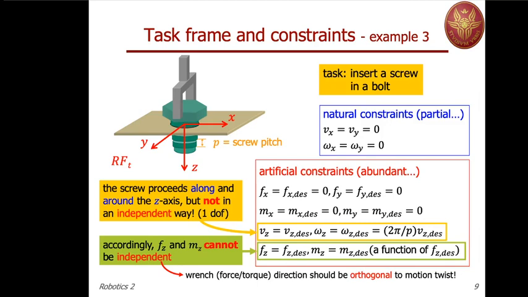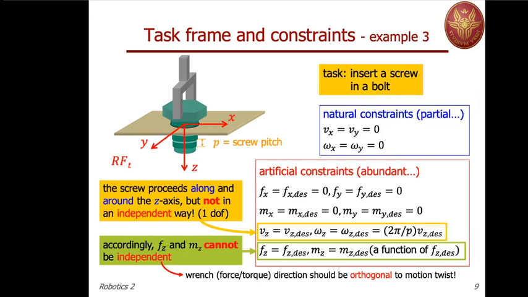So the idea is that we should remember that the range direction of the reaction forces and momentum should be orthogonal to the feasible motion twist, so linear and angular velocity. And this will help in understanding how to select direction or quantities.